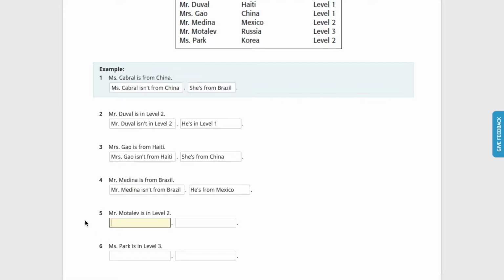So let's write Mr. Motalev isn't in level 2. All right, so then Motalev, what level is he in? He's in level, what was that? Level 3. Lovely.